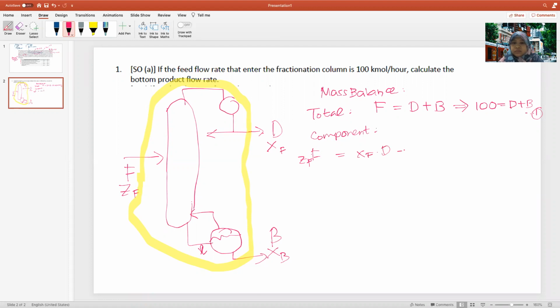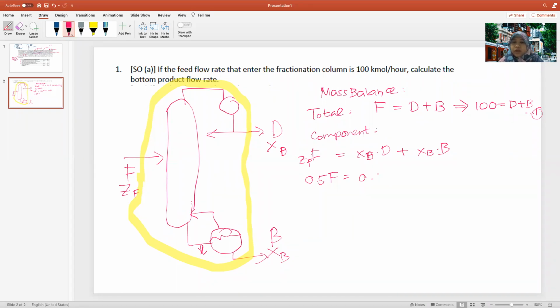Yeah, and we know all the values, right? The XF is 0.5, from the calculation, and this is XD, right?